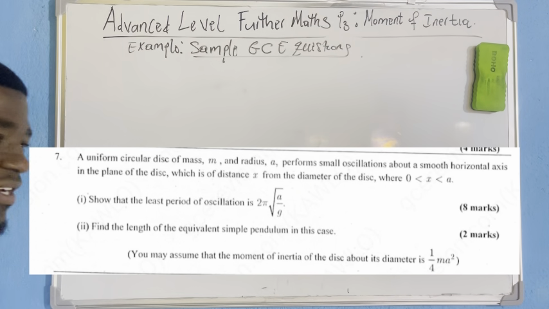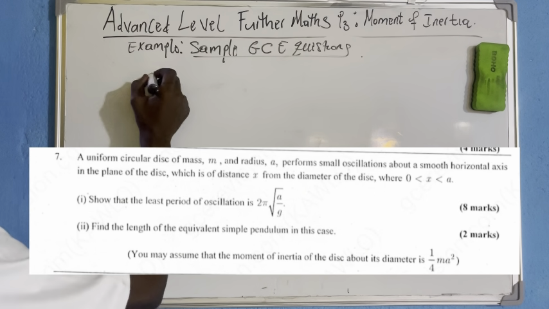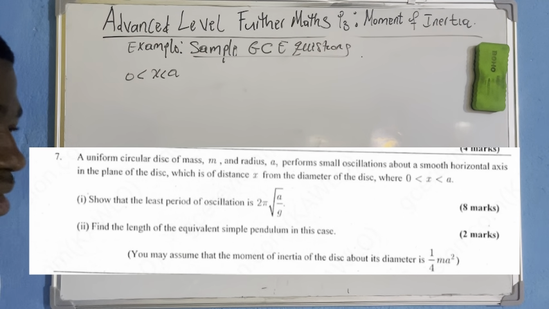The first sample GCE question is, I think, from Further Math Mechanics of last year. A uniform circular disc of mass m and radius a performs small oscillations about a smooth horizontal axis in the plane of the disc, which is at a distance x from the diameter of the disc, where x is between 0 and a.